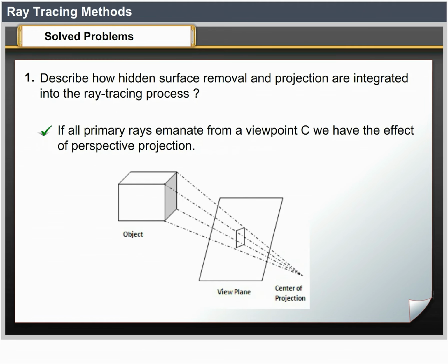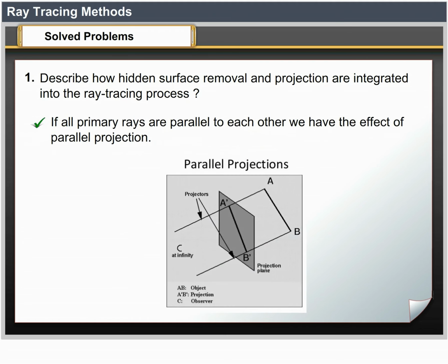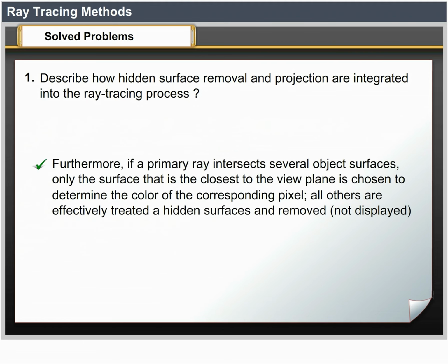If all primary rays are parallel to each other, we have the effect of parallel projection. Furthermore, if a primary ray intersects several object surfaces, only the surface that is the closest to the view plane is chosen to determine the color of the corresponding pixel. All others are effectively treated as hidden surfaces and removed, not displayed.